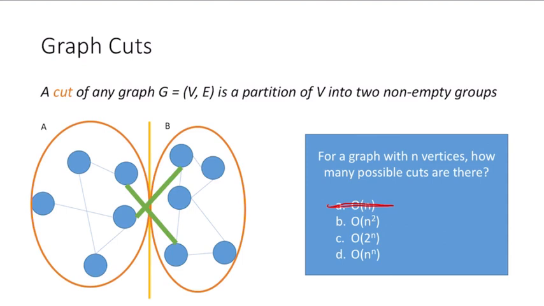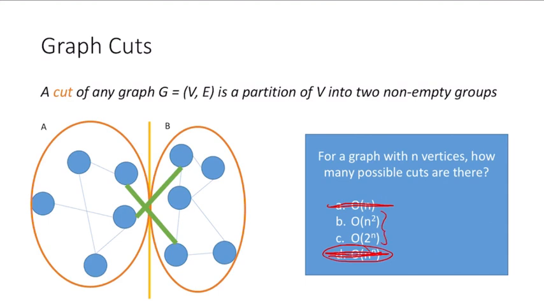Another answer that should be easy to eliminate is this n to the n one. N to the n is greater than factorial, and it will almost never be the correct answer. So based on intuition, I would just say eliminate that one. So we're really left with two reasonable choices here.